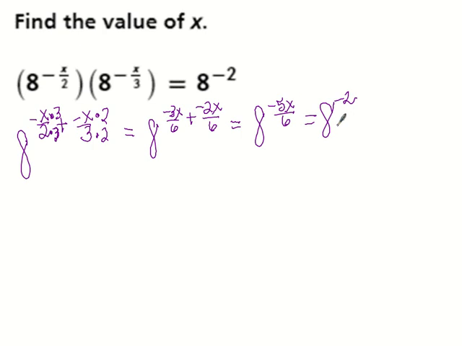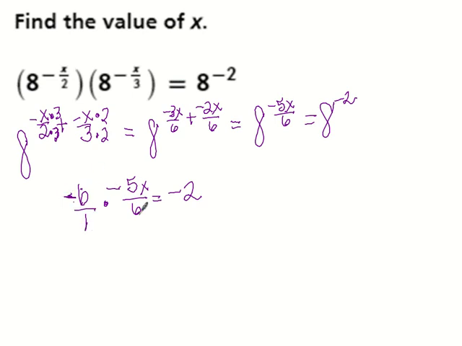So now that my bases are the same and everything is combined and cleaned up, I'm going to just set the exponents equal to each other. So negative 5x over 6 equals negative 2. So I'm going to times by negative 6 this time. Now the reason I'm going to do negative 6 is that way I get rid of this negative, right? A negative times a negative is a positive.